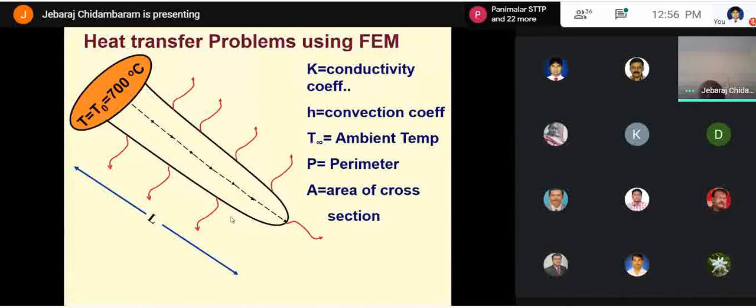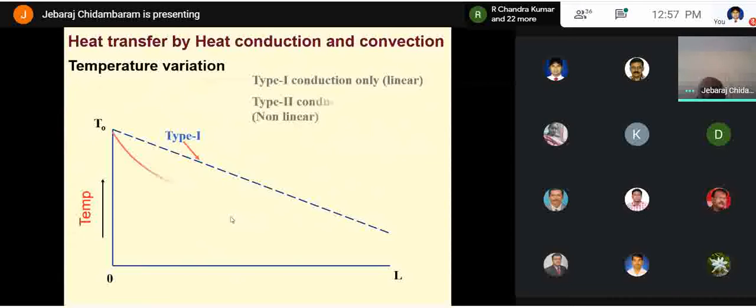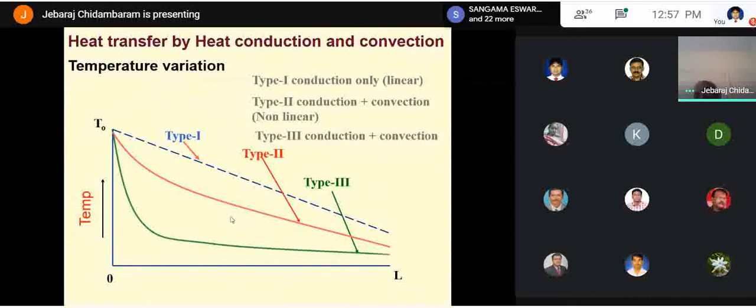Now, the variation of the solution probably, okay. Now in heat transfer, with your little knowledge of heat transfer, if it is conduction, it's linear. If it is conduction plus convection, it is non-linear.